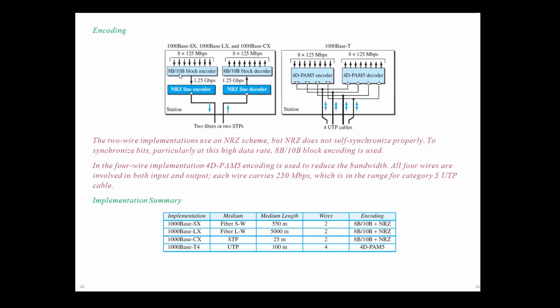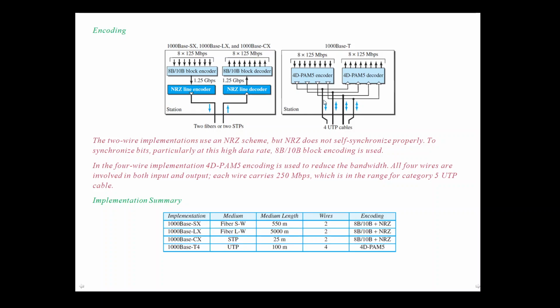In four wire implementation, the 4D-PAM5 encoding scheme is going to be used to reduce the bandwidth, and all four wires are used both as input and output, and each carries 250 Mbps.